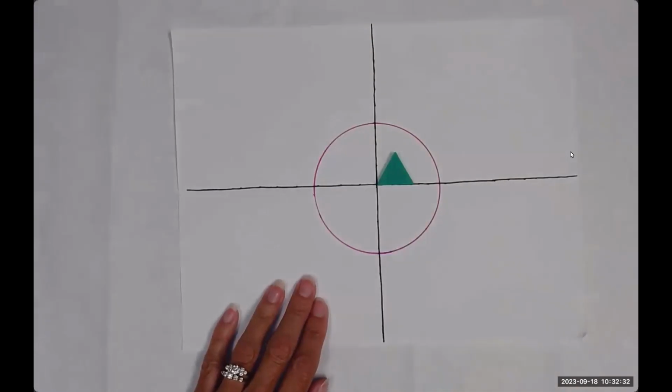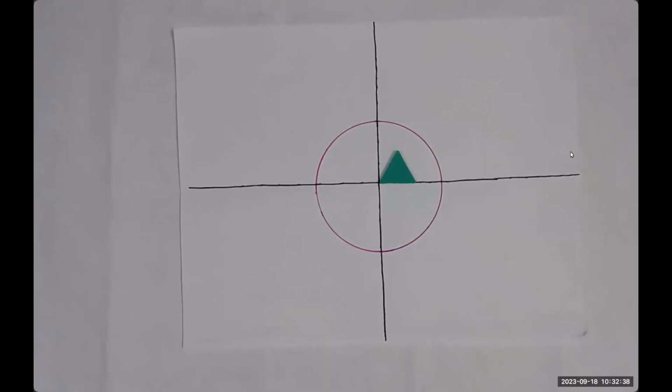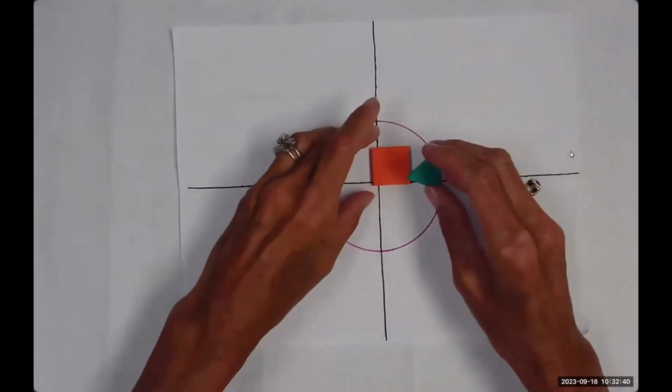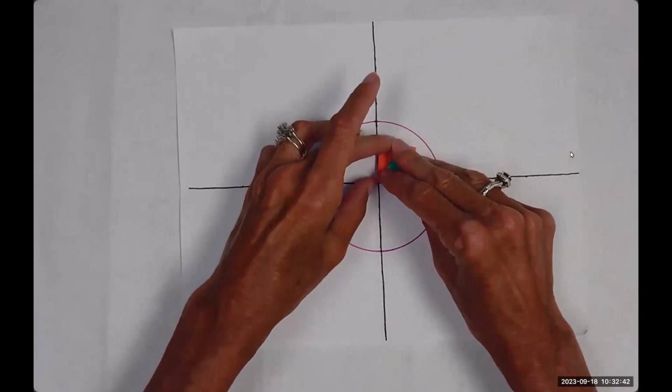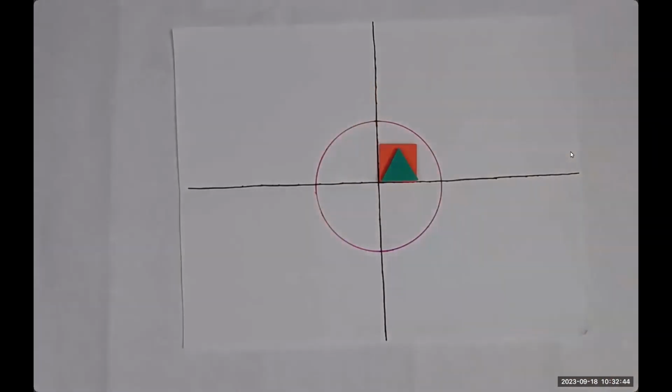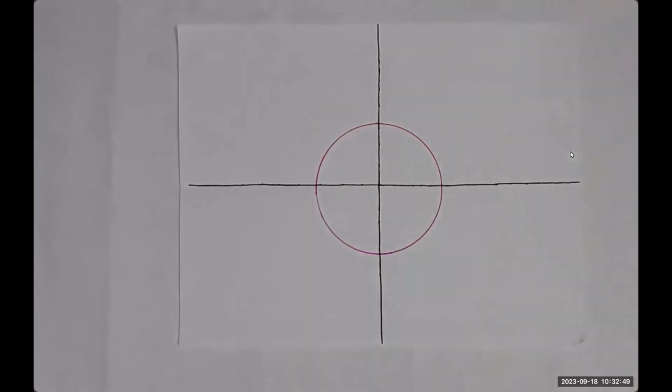I can see that that triangle angle is less than the right angle, or less than 90 degrees. And I can also see it by placing that pattern block on top of that square. It is less than a 90-degree angle.